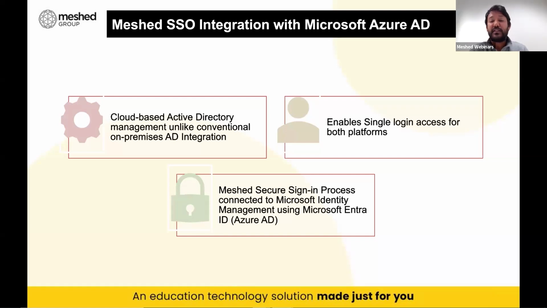That means one set of credentials will be enough to go to the Mist platform as well as the Microsoft platform, so that the user doesn't have to remember or manage two sets of credentials. Mist already has its own secure signing process, but that is now coupled with Microsoft Identity Management as well. For this, we use Microsoft Entra ID under Azure AD. This makes the signing process more secure and more smooth for the user.